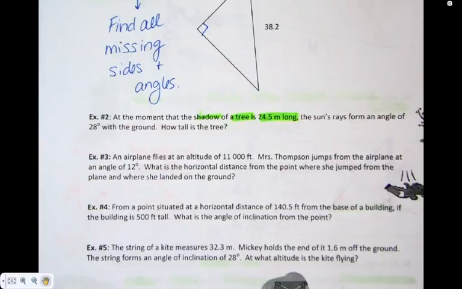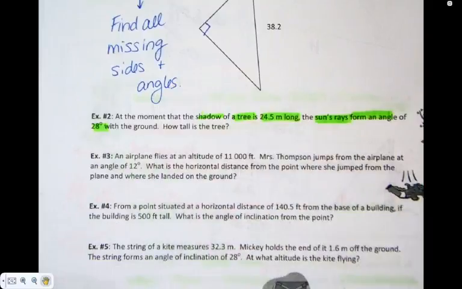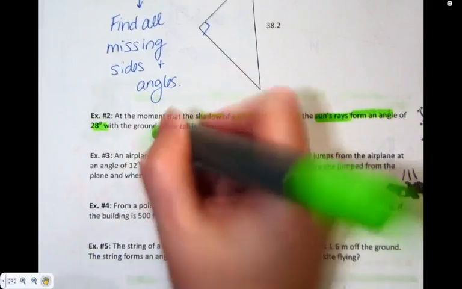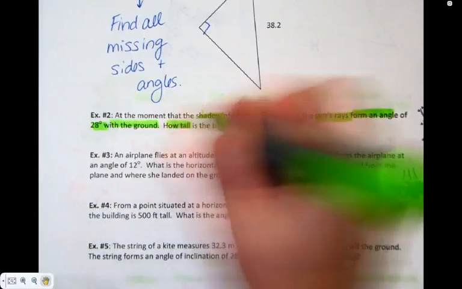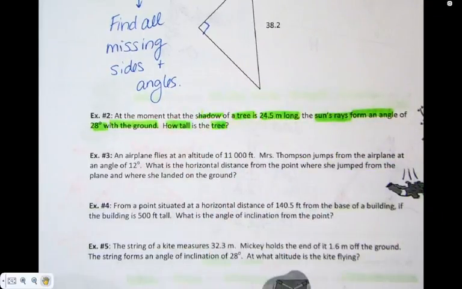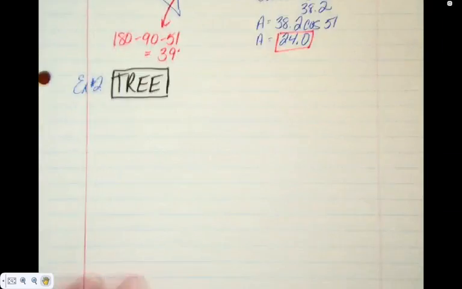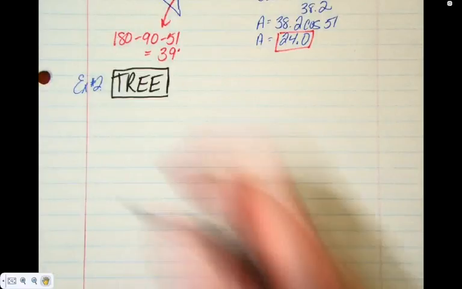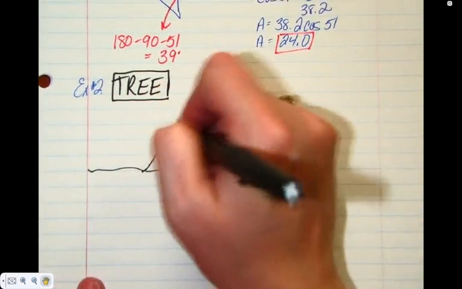Second part of the sentence. Again, we're going to set it up together, and then you'll actually do the work with your partner. Ground, tree.